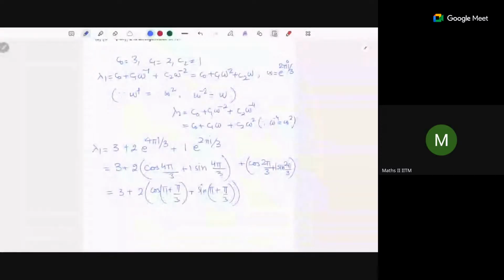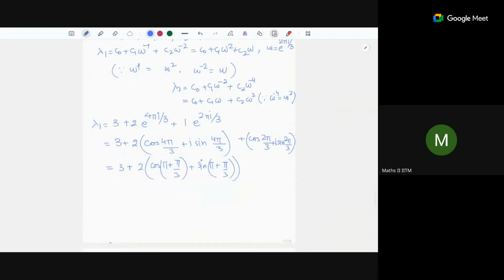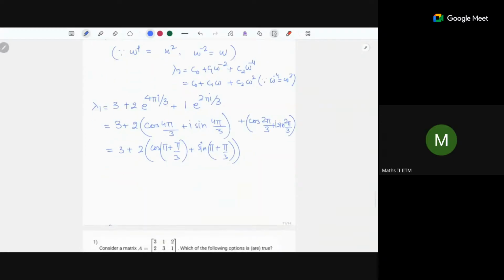It is minus cos pi by 3, because it's in the third quadrant.